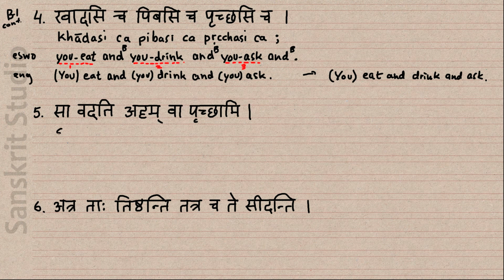We have sa vadati, aham va pritchami. Okay, so sa, so she, pronoun feminine, grammatical gender she.